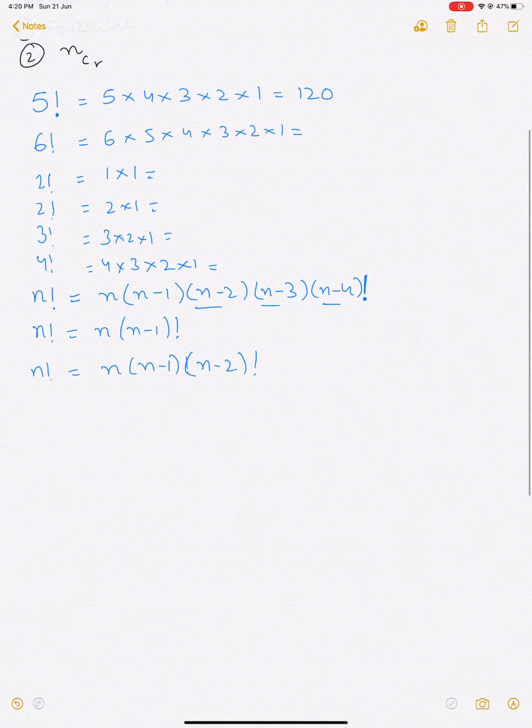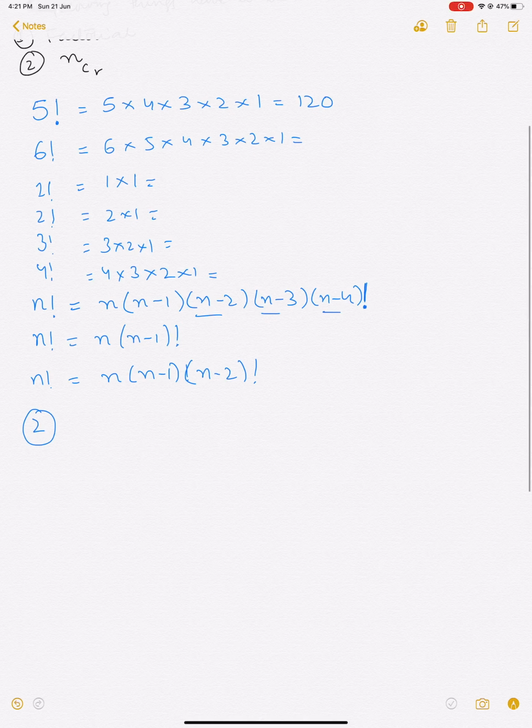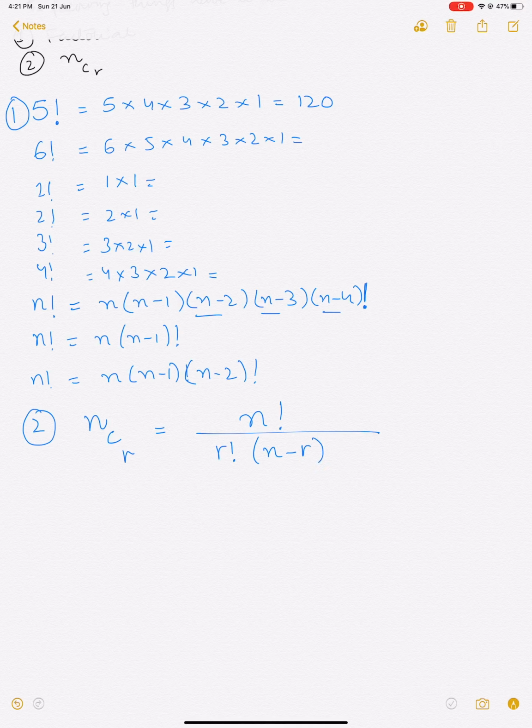And now the second thing is nCr. The formula for nCr is n factorial over r factorial times (n minus r) factorial. So when calculating 5C2, we have 5 factorial over 2 factorial, and then (5 minus 2) factorial. This gives 5 factorial divided by 2 factorial into 3 factorial.